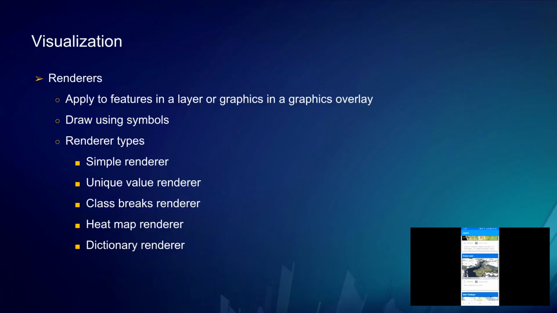When you define a renderer, the renderer will use the symbols to render your graphics or your features in both 2D and 3D. And that's a list of the renderer types we support right now. I won't go through all of this. We can take a look at different renderer types when we show you the samples through the sample viewer.